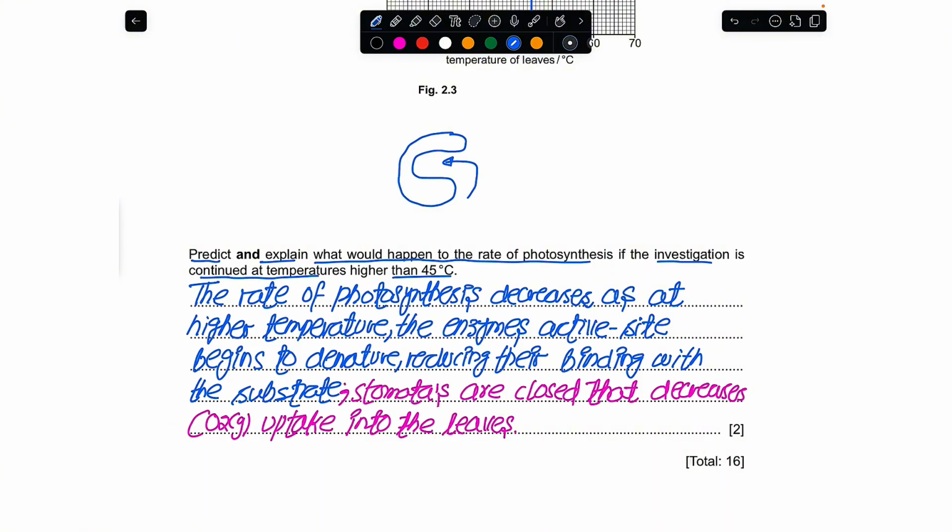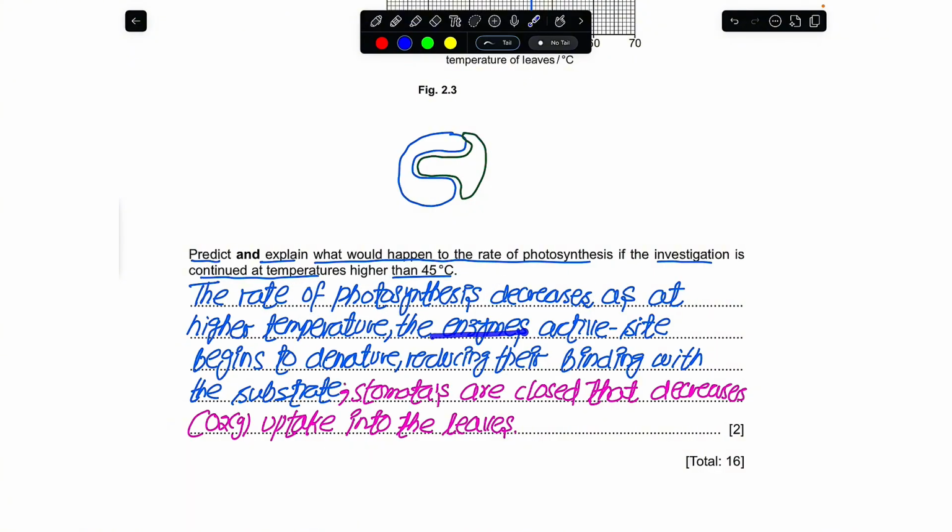The active site would deform, and as a result it would not collide with its substrate molecule, resulting in less enzyme substrate complex formation, and that is why we would see a decrease in the rate of photosynthetic process. So our prediction is that the rate of photosynthesis would decrease at such a higher temperature.